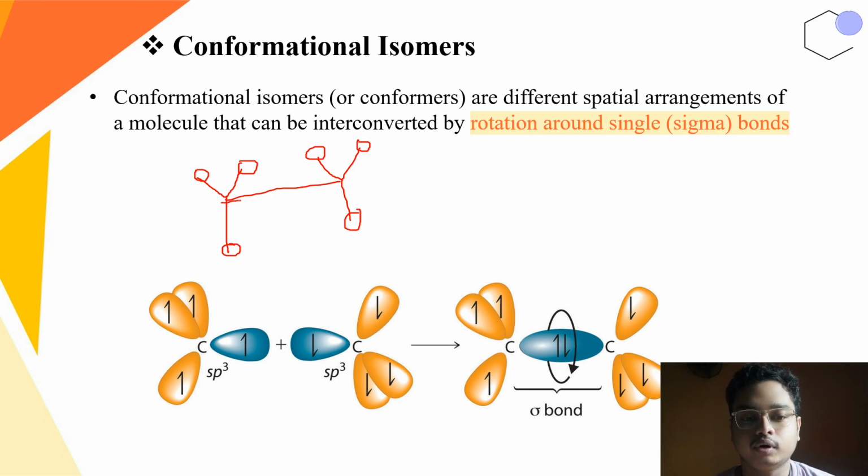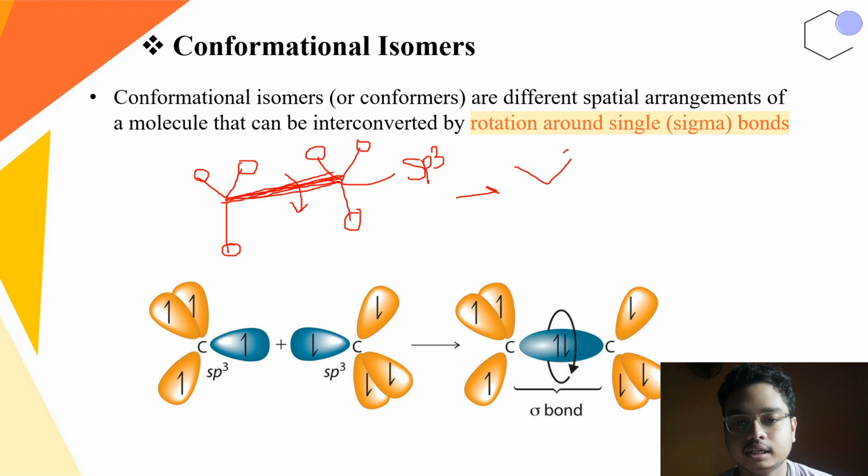this particular bond is an sp3 bond, and this sp3 bond has the tendency to rotate, and because of the rotation, these particular groups change their position without altering their absolute configuration. What happens if I rotate this something like this and keep this center intact?